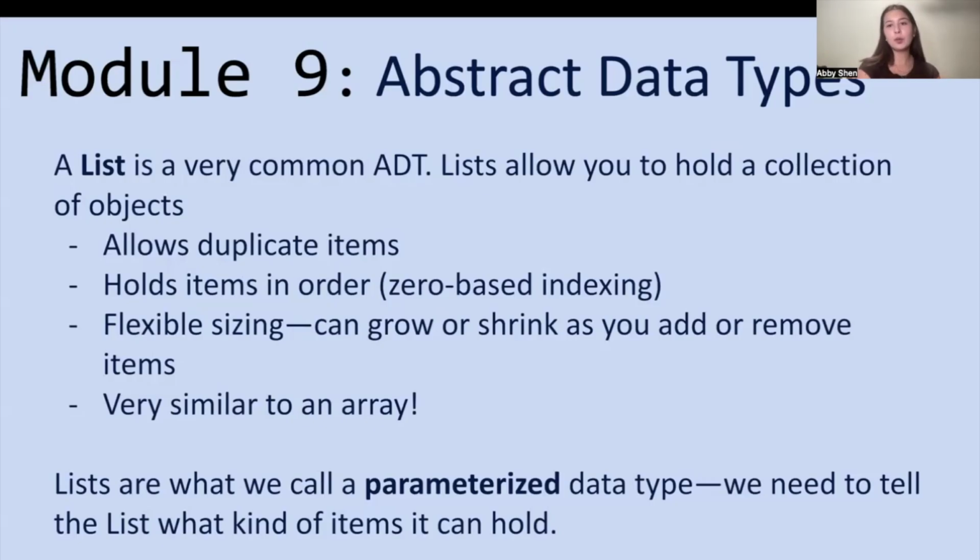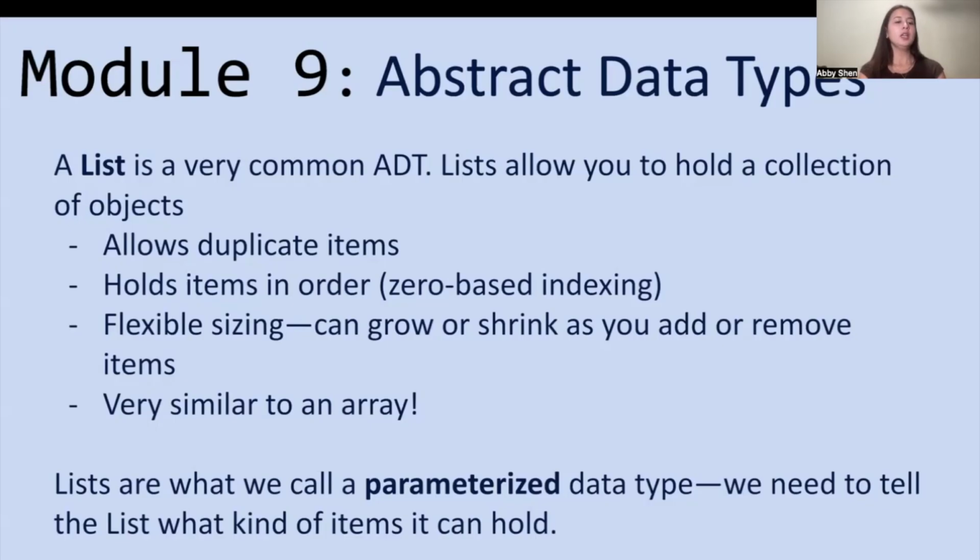As a reminder, zero-based indexing means that the first position is position 0, and it goes 1, 2, 3, etc. One difference between lists and arrays is that lists have flexible sizing. That means you can grow and shrink the size of the list as you add or remove items. This can be really helpful because you don't need to create a new list if you're changing the number of things being stored. Other than that key difference, it's very similar to an array, so it should be one of the more straightforward abstract data types to wrap your head around because we've already been introduced to arrays.